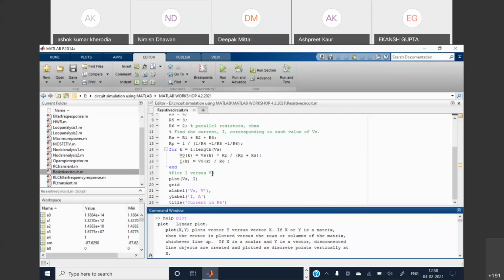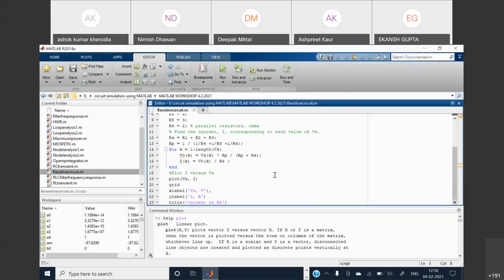So what we are doing, we are plotting the input voltage and the current I. Then this command grid provides you that plot with the grid. This is your x label, that is x-axis label, that is Vs, and this is your unit in volts. This is y label, that is on the y-axis, what we are having is current I, and the unit is ampere, and the title of the curve is current in R6.